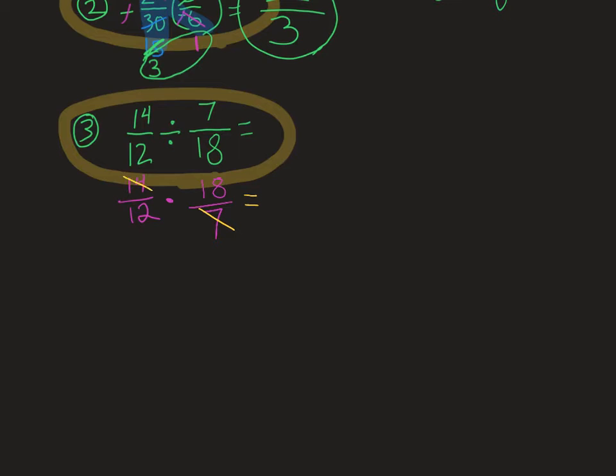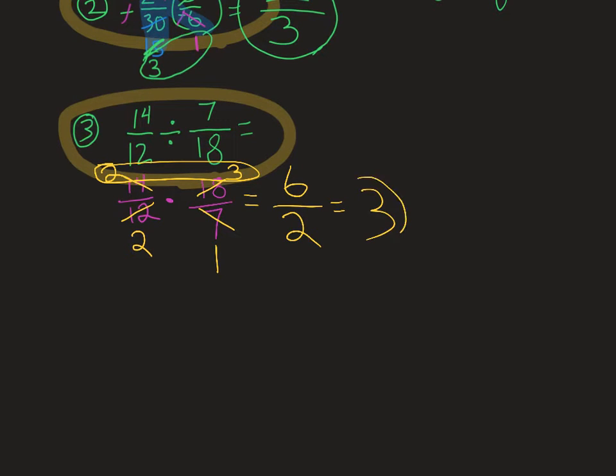And again, these big values, let's divide a 7 out of 7 and a 7 out of the 14. 12 and 18, I'll divide a 6 out of 12. That makes 2. Divide the 6 out of 18 makes 3. And we've got really small values. 3 times 2 is 6. 2 times 1 is 2. 6 over 2 is 3. And boom, that was easy.